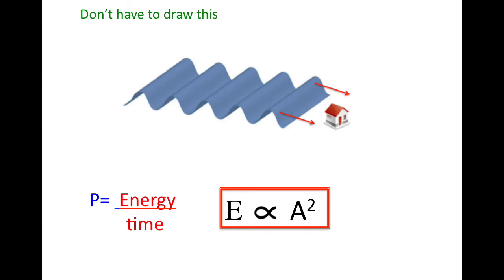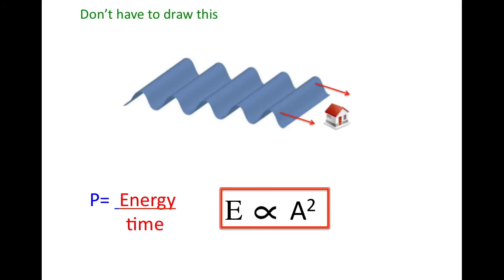For example, here we have water coming in. We have the waves with a certain amplitude. Let's say that there's an object in the path of the wave, such as this house right here. Most of the wave's power will not contact the object. Only this part that touches the house will transfer that energy.